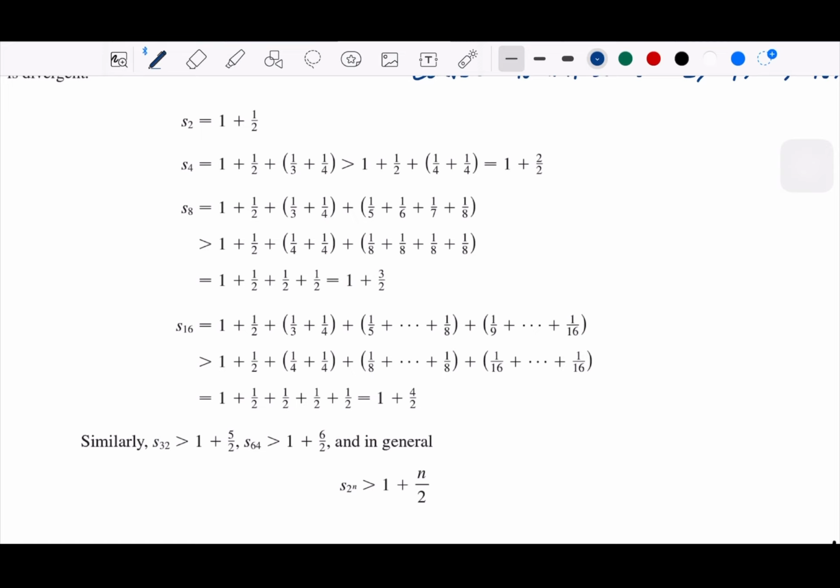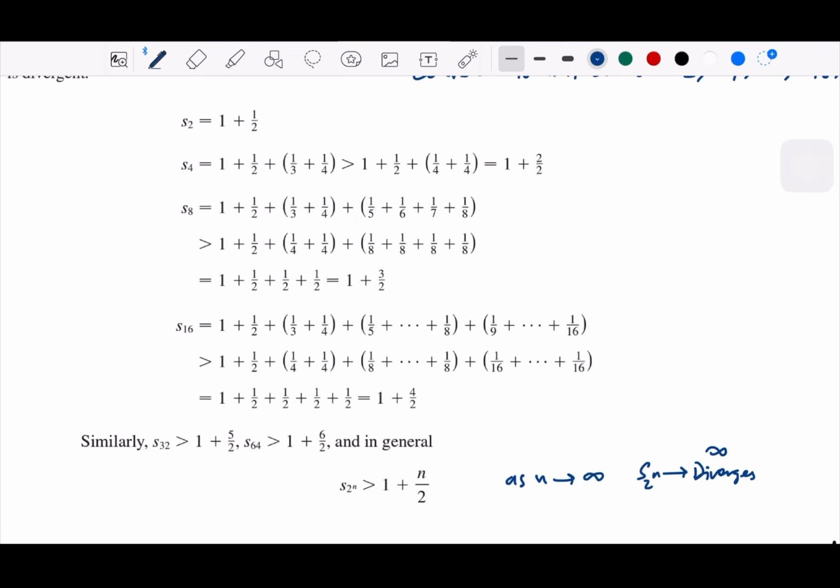Okay? So as n goes to infinity, S2n is going to be divergent, or you could say infinity. Or maybe write S2n first.